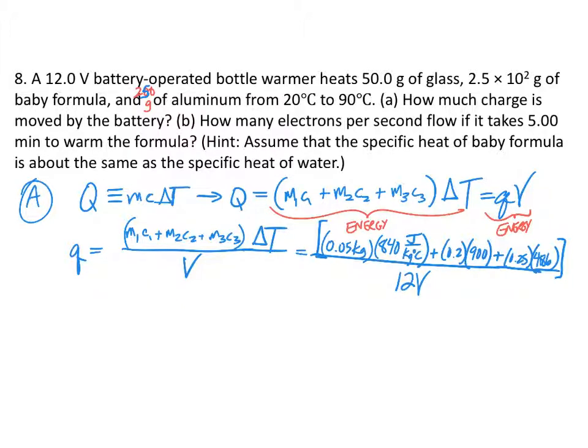Oh, the aluminum was 900 though. I swapped them. So this one is the aluminum. This one is the baby formula, because 4186 is the one for water. So I had them backwards because I was reading them from the problem instead of my notes.